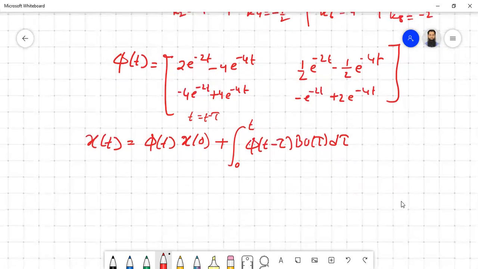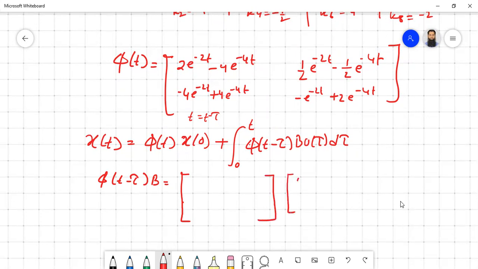What was the value of B? B was [0, 1]. So we can say that phi(t minus tau) B equals phi, the delayed version of course, multiplied by B equal to 0 and 1.